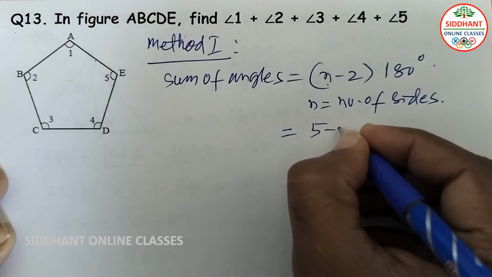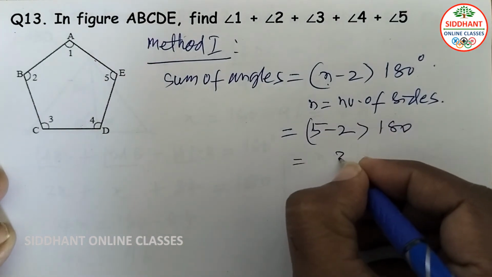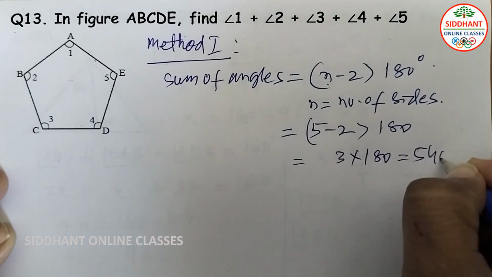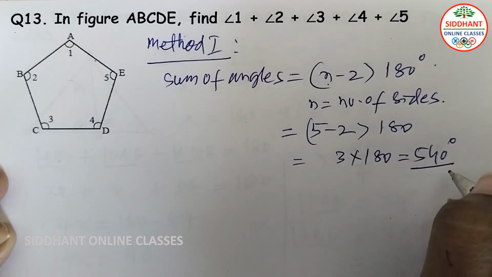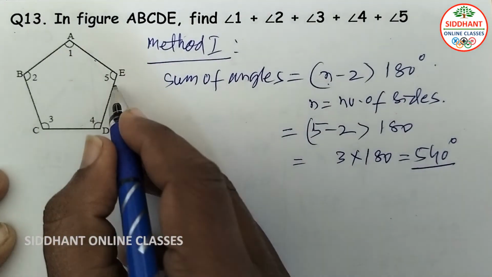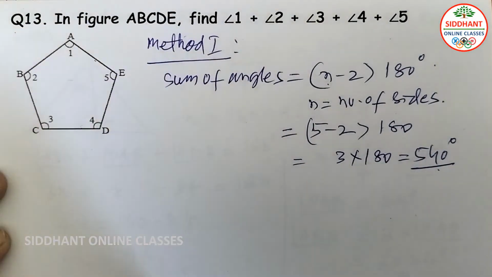That means 5 minus 2 into 180, that is equal to 3 into 180, which is equal to 540 degrees. The sum of angles 1, 2, 3, 4, 5 is 540 degrees.